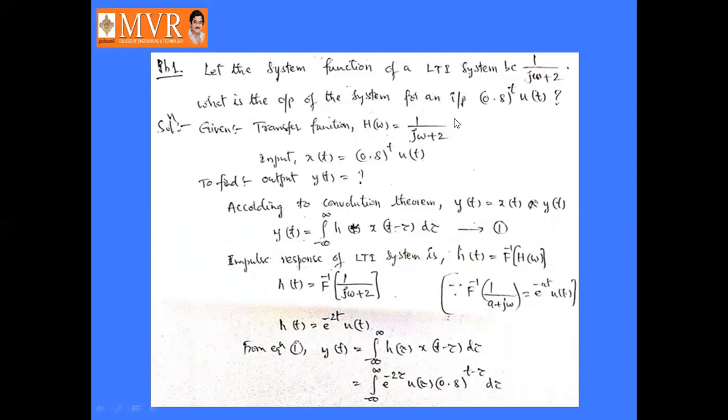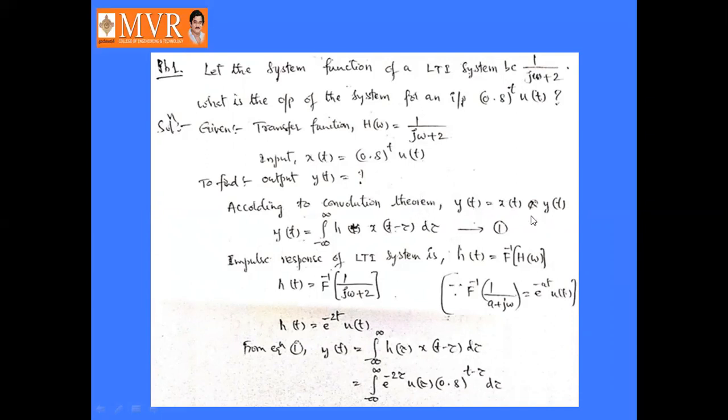From that h of omega we can find out h of t. H of t is nothing but inverse Fourier transform of h of omega. By writing the inverse Fourier transform of h of omega, we will get h of t. X of t is already there. Y of t is nothing but x of t convolved with h of t.